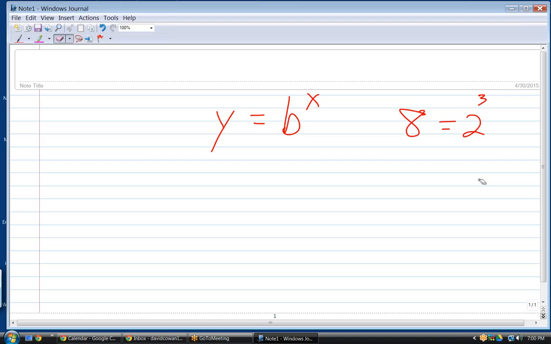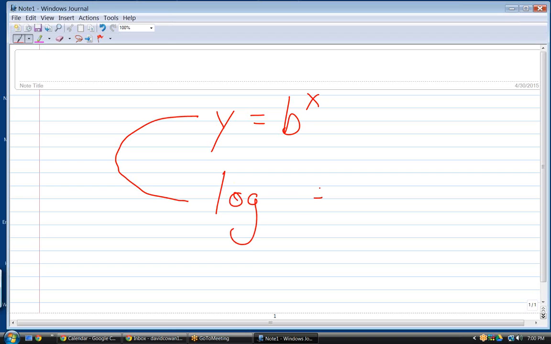Whenever you have an exponential equation, it's very important that you know how to express this logarithmically. And you only have to remember one thing. Logs are exponents. So if I want to express this logarithmically, I can start right there. Now, I still have to put the y and the b somewhere.